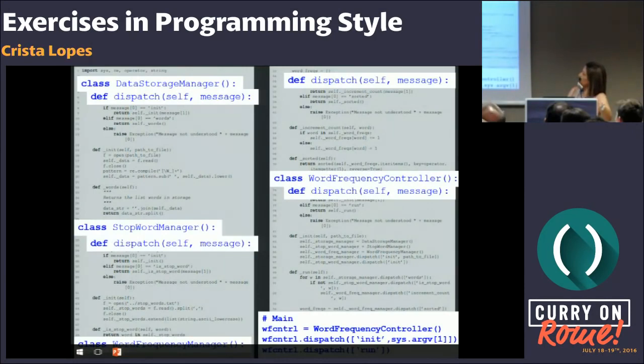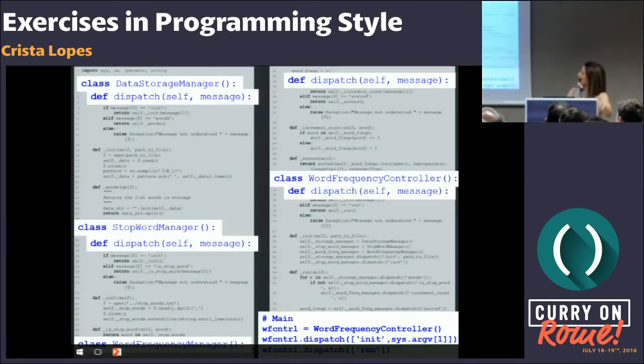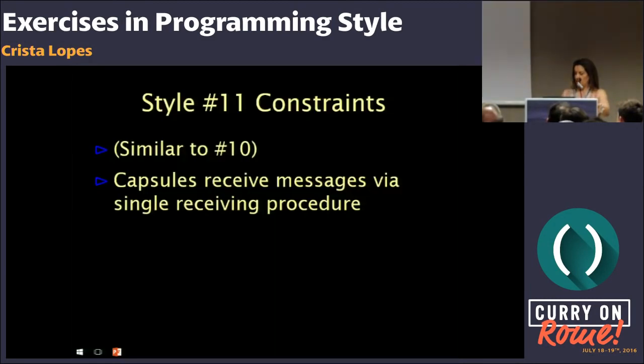I'll skip this one. This is another version of objects that is more like the actor-like objects. So this is the idea that the objects basically only expose one thing, which is give me messages, right? And then there's a dispatch method inside them that dispatches the messages.